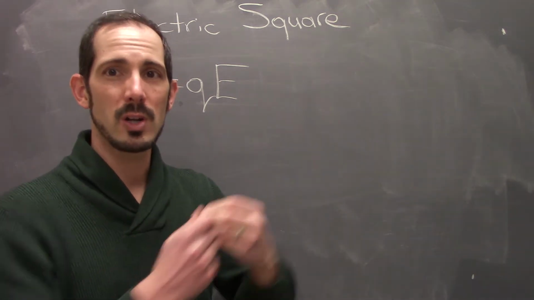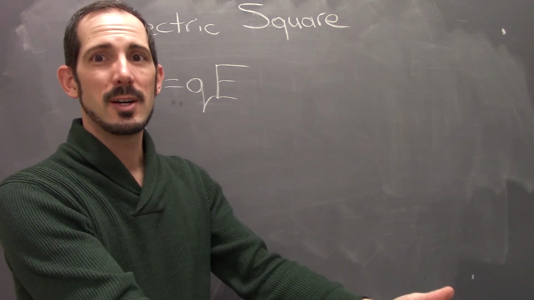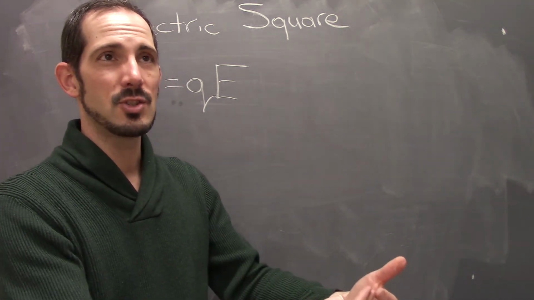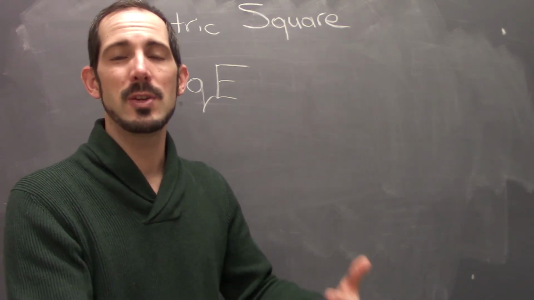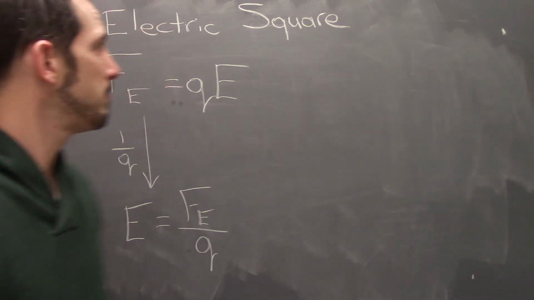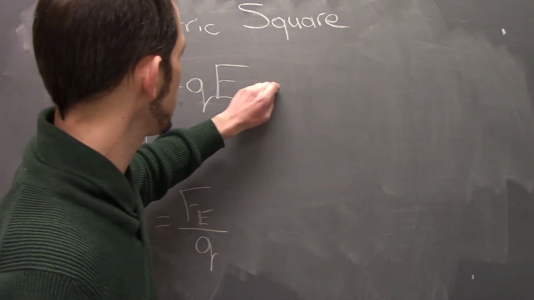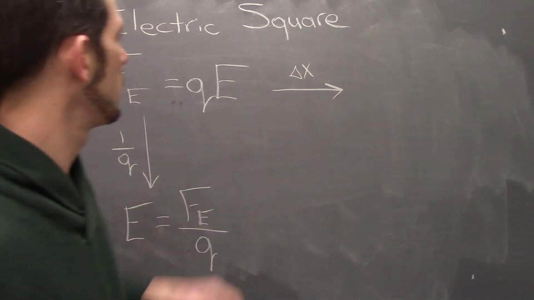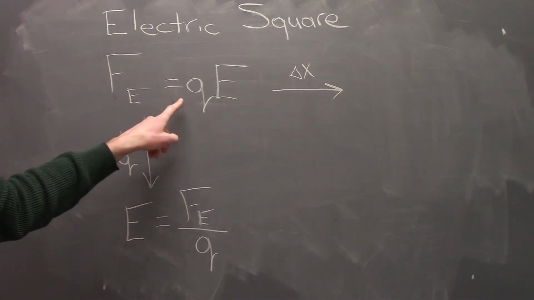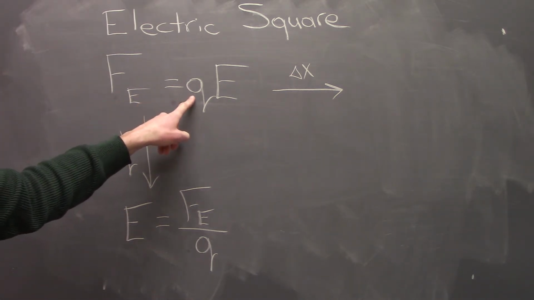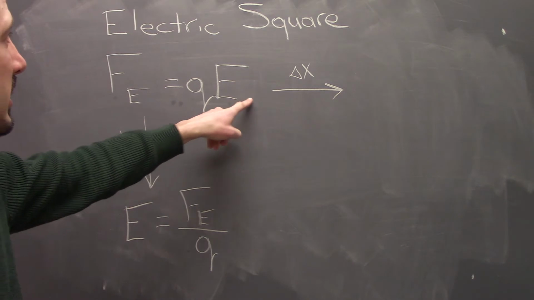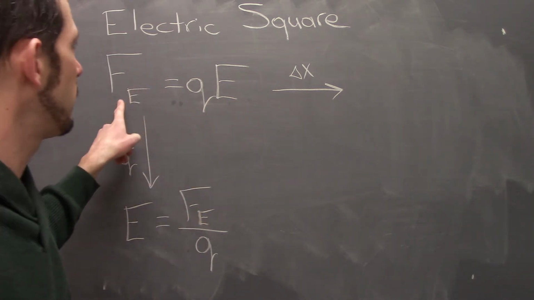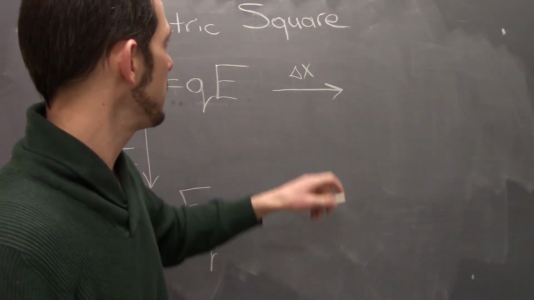And if all of that work goes into bringing the charge to a higher potential, for instance, then we've stored some electric potential energy. So let's multiply by delta x. Then we have Q times E times delta x, a force times the distance, is the amount of energy that we store.